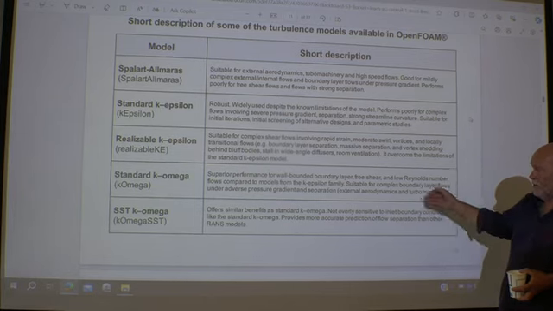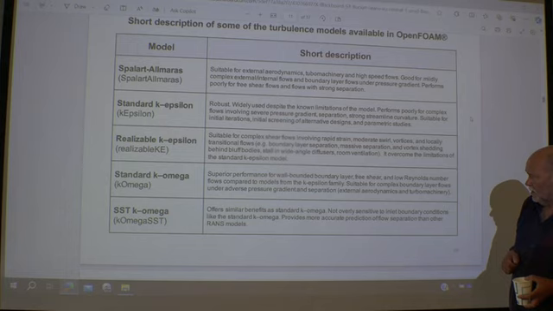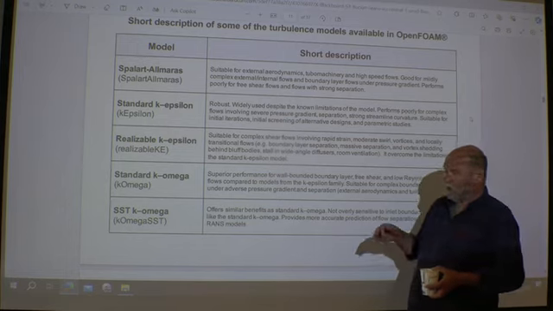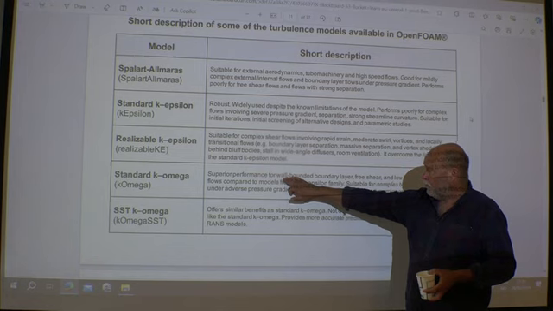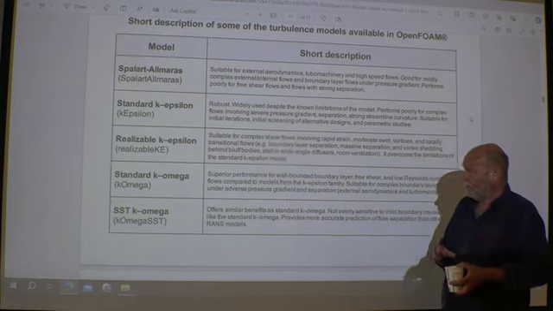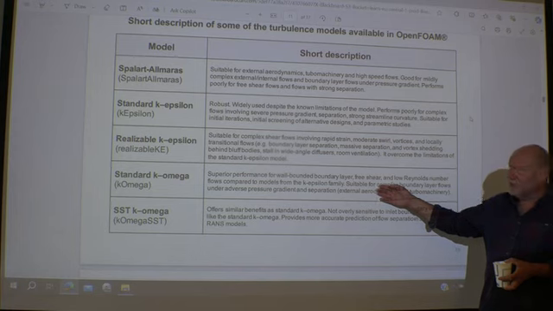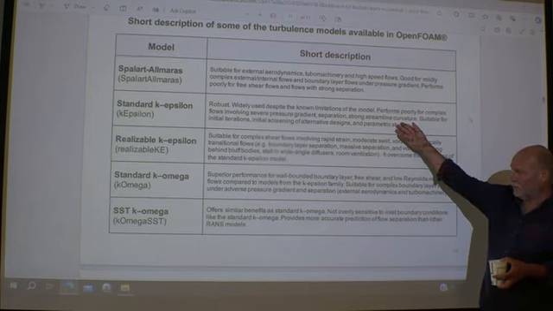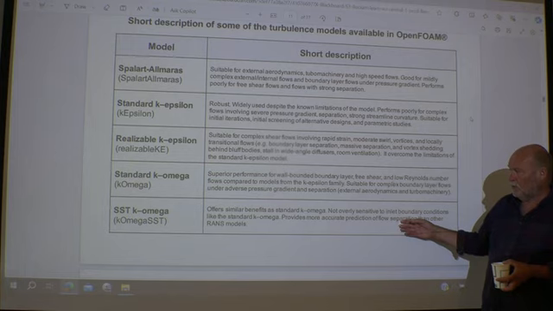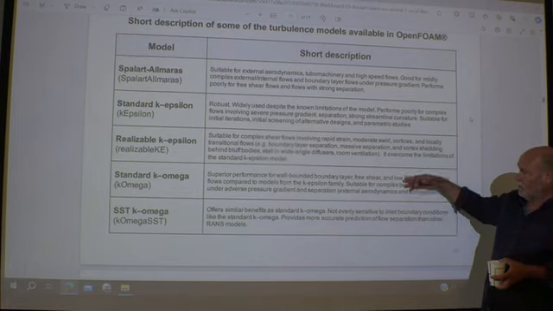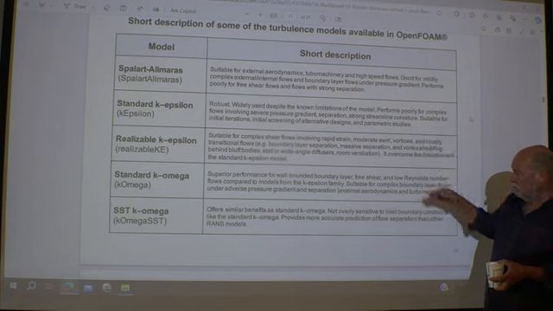Then you have the standard k omega. Much better, as I said, when you have internal flows, wall-bounded boundary layers. Then you should choose this one instead of the k epsilon. And then you have the k omega SST, sort of a mix between these two.